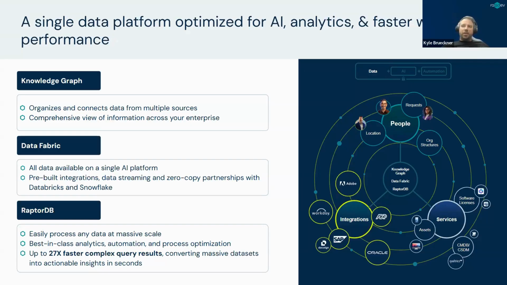So you're going to see in our demo in a little bit that we're leveraging web search to collect information, and the knowledge graph, for example, alongside the data fabric.